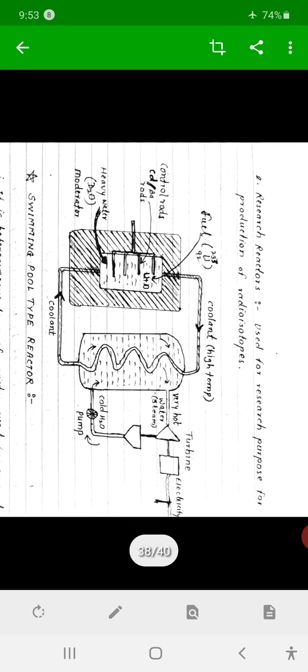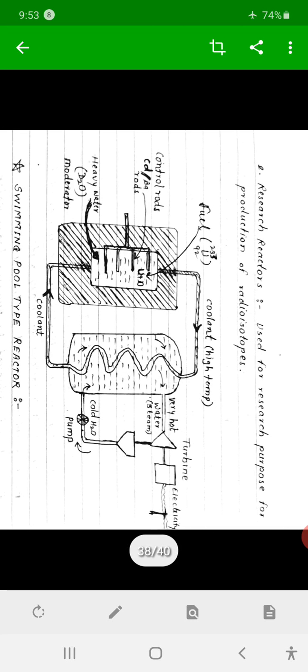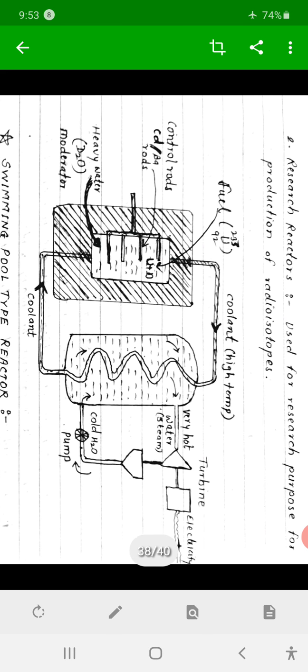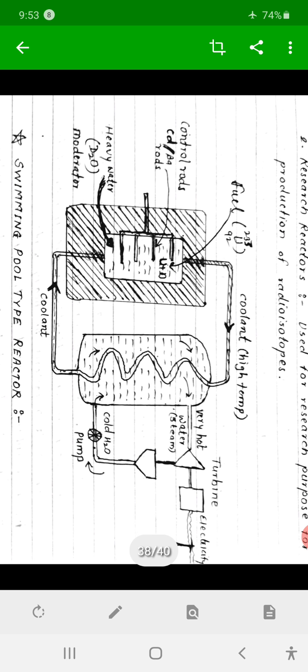The nuclear reactor is shown here in a figure. Here the core is surrounded by simple water. Inside the core, heavy water which acts as a moderator is filled, and the control rods are also there so as to control the fission reaction.